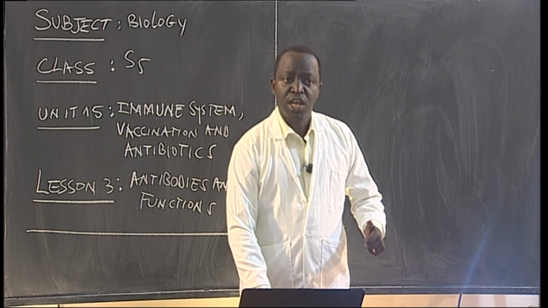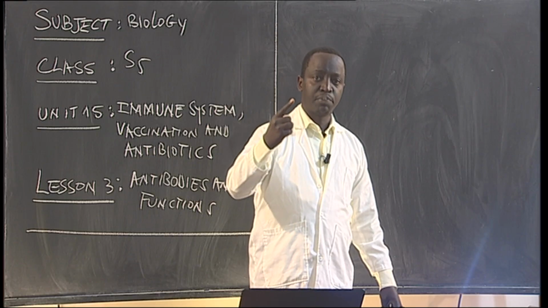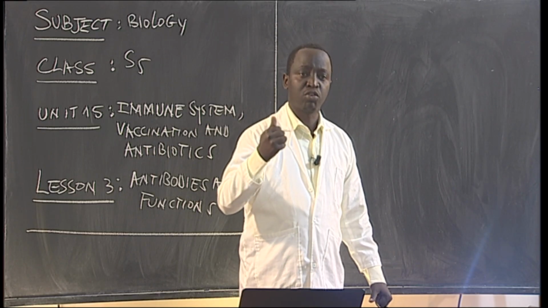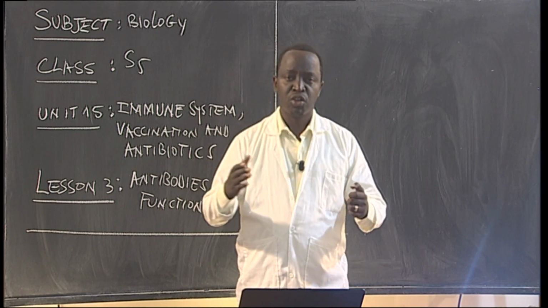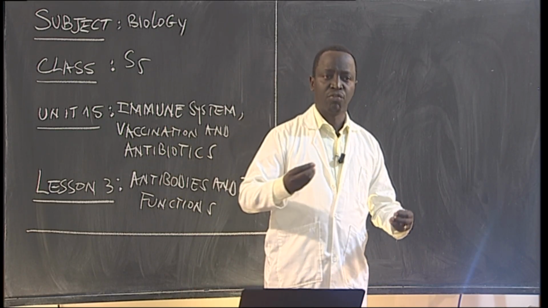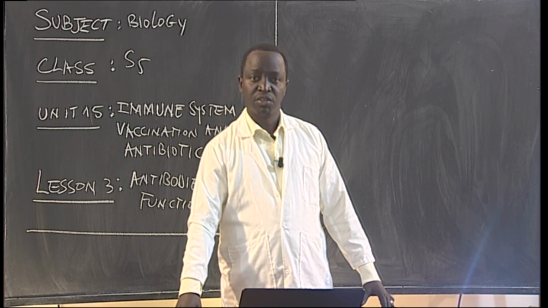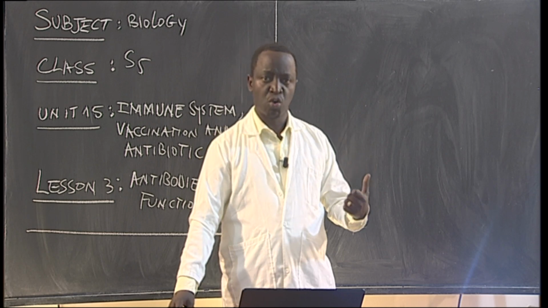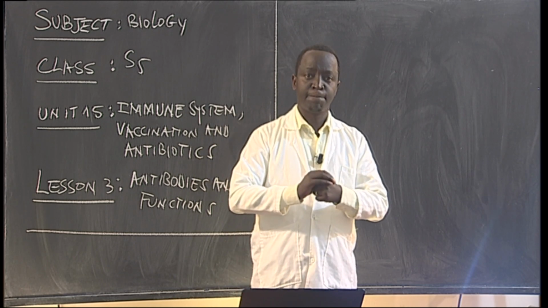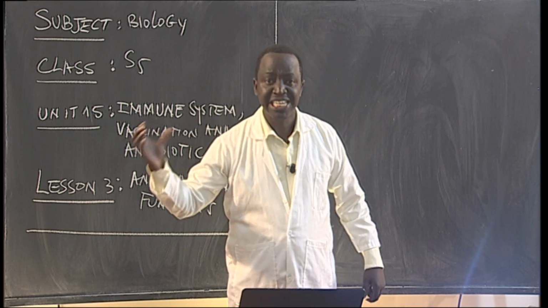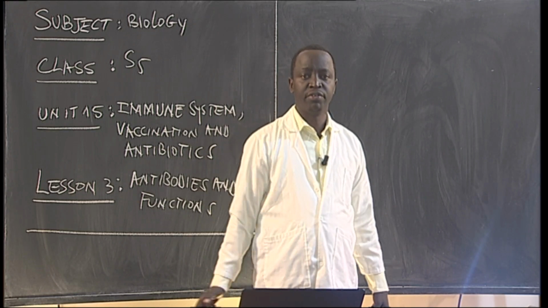Number two, antibodies attach to the pathogens, and then they promote the clearance of them from the body. So this is what antibodies can do also. They attach to the microbial surface of bacteria, and then finally, they clear them from the body.